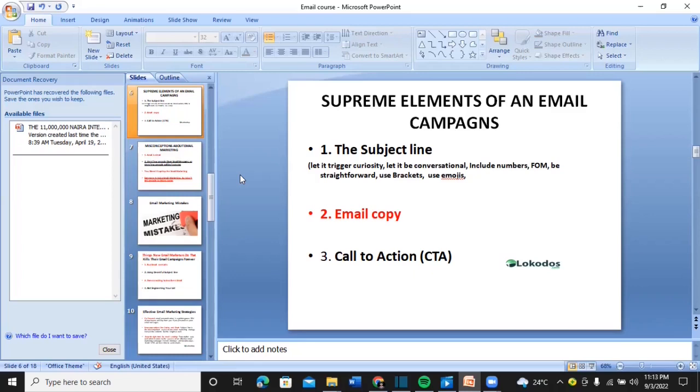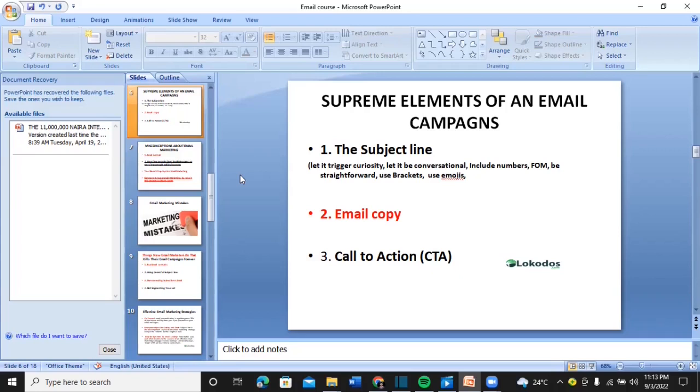The subject line attracts them to open the email because they believe the email copy is going to give them something that they really want. So make sure that the email body fulfills the promise your headline makes appropriately.